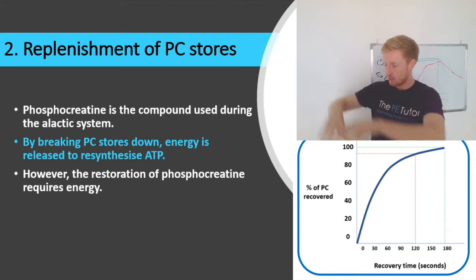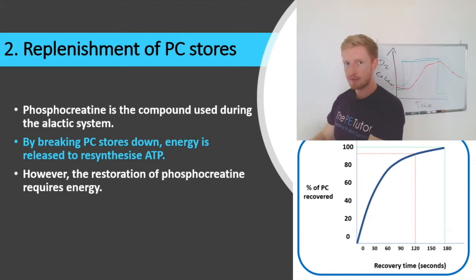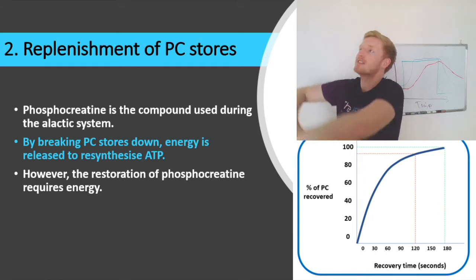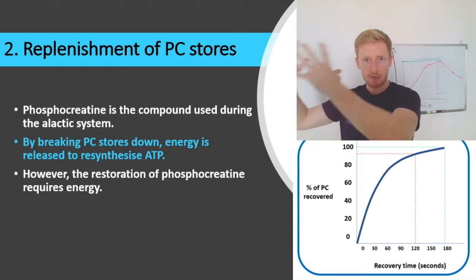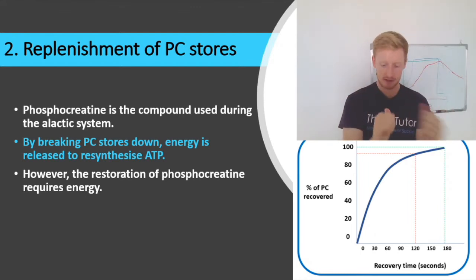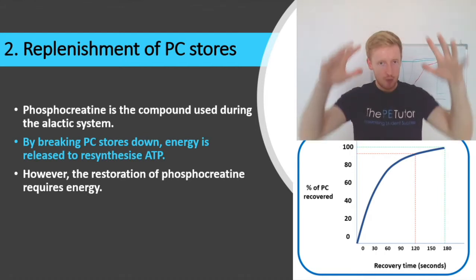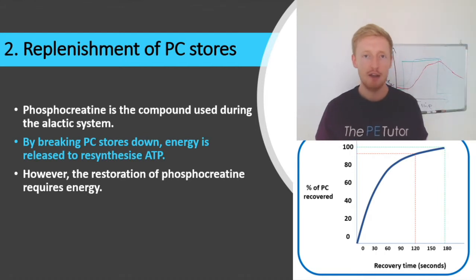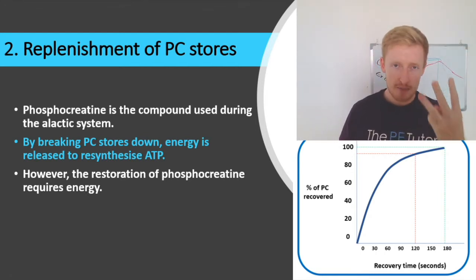So in 3 minutes, we've broken down enough glycogen and fats because of the surplus of oxygen. We've released enough exothermic energy to put back together enough P plus C. Suddenly, we've got 100% capacity of our phosphocreatine in 3 minutes.